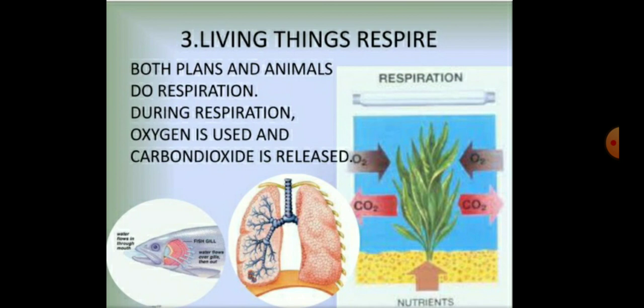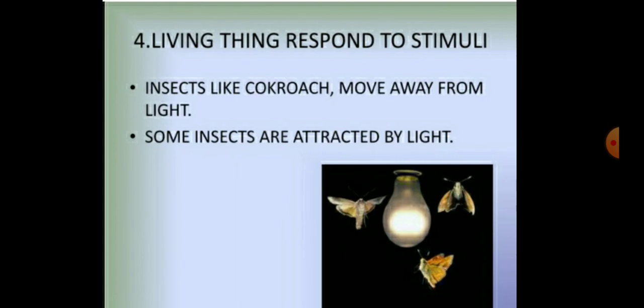During respiration, oxygen is used and carbon dioxide is released, and living organisms respond to stimuli. For example, insects like the cockroach move away from the light. Some insects are attracted by the light, and we also respond to external stimuli.